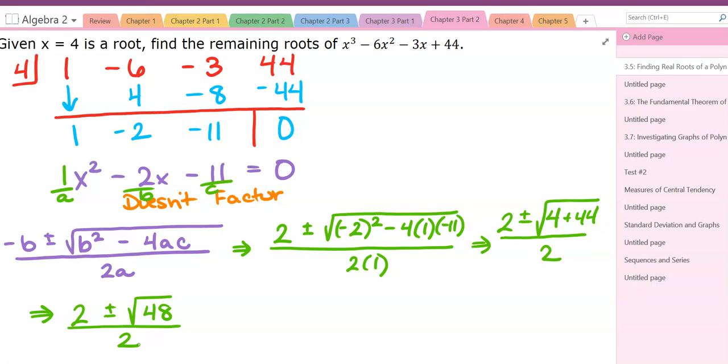So 48, I have to think about what's a perfect square number that can go into 48. So remember, your perfect squares are like your 4, your 9, 16, 25, 36. Now, we probably can't go over 36 because the next one's 49.